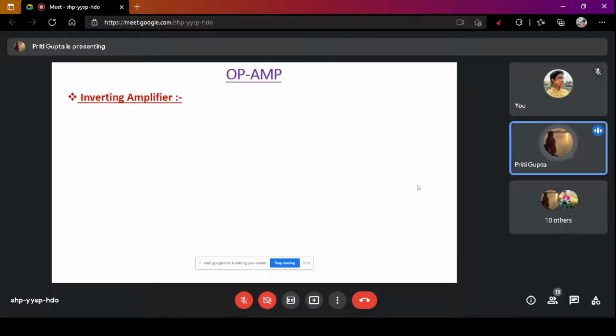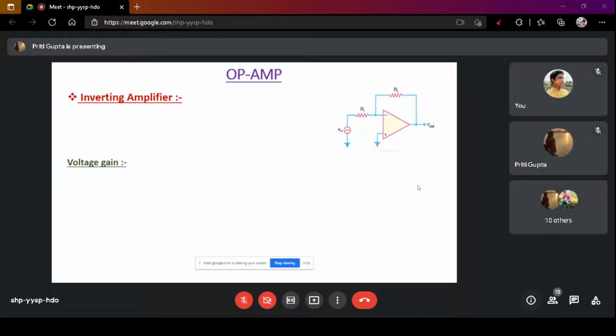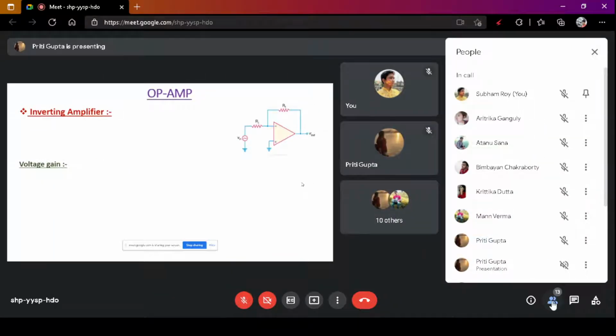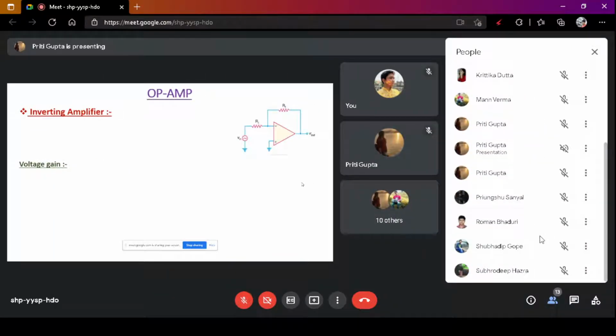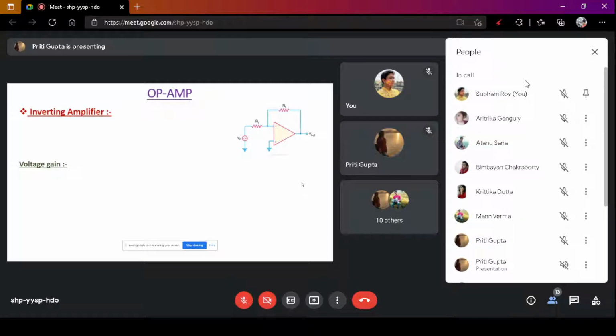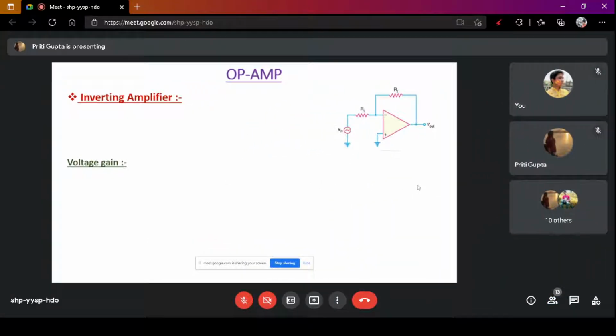Give a heading, inverting amplifier, and then draw a diagram of the inverting amplifier. Once you are done, let me know, okay?